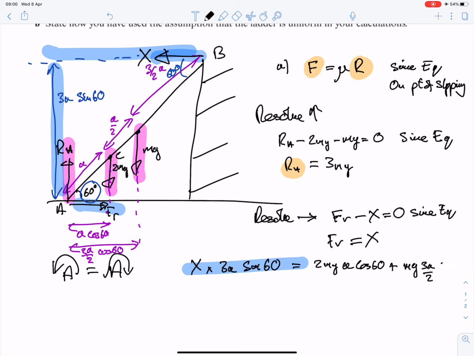So we're going to get moments about A in the anti-clockwise direction.